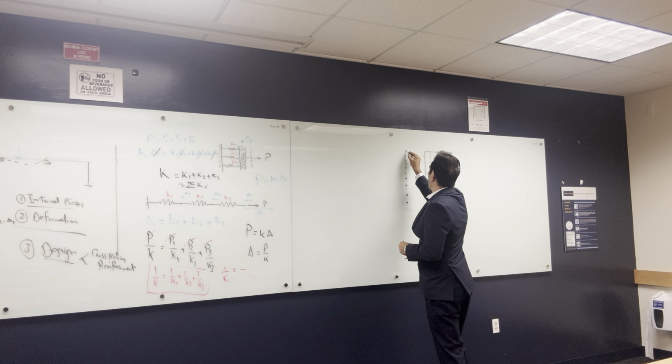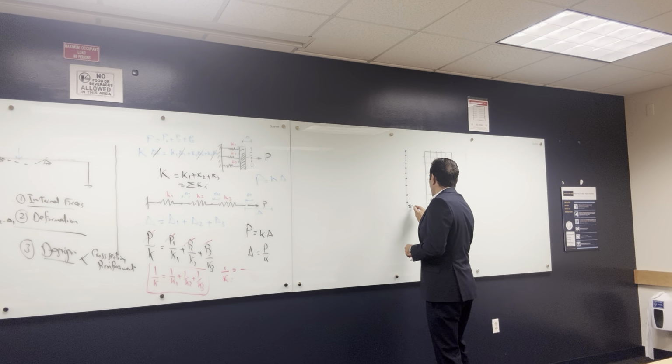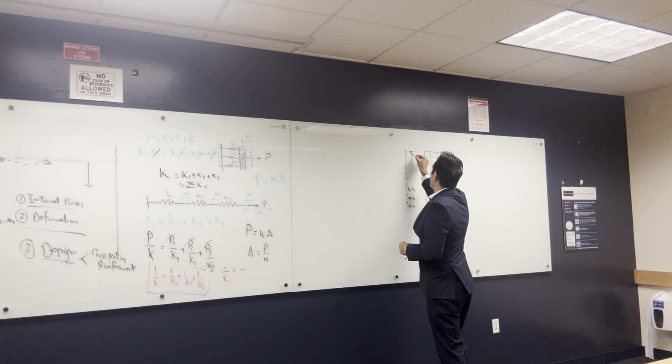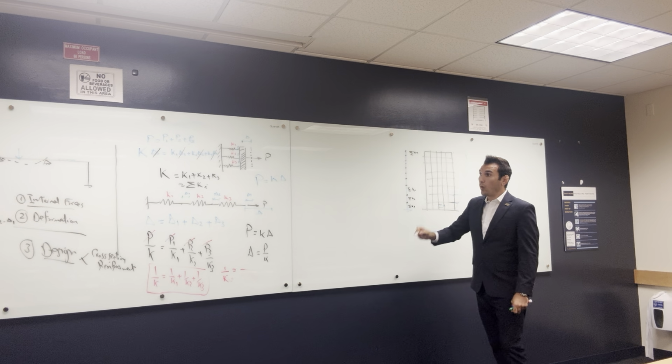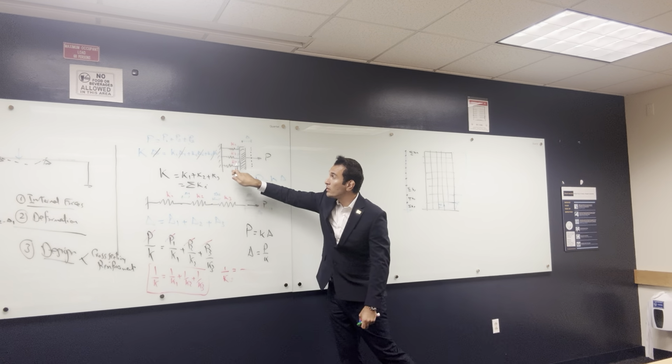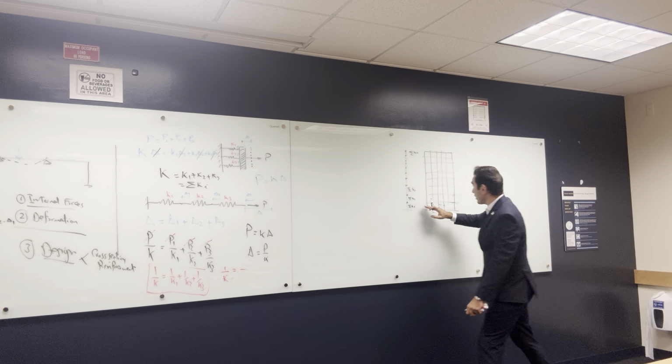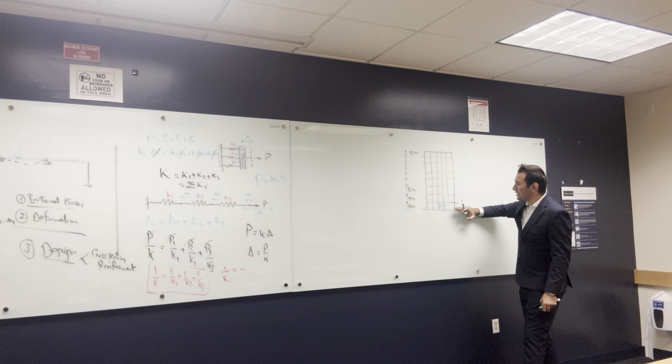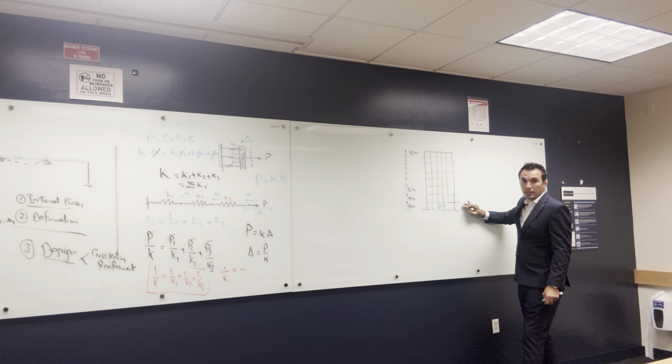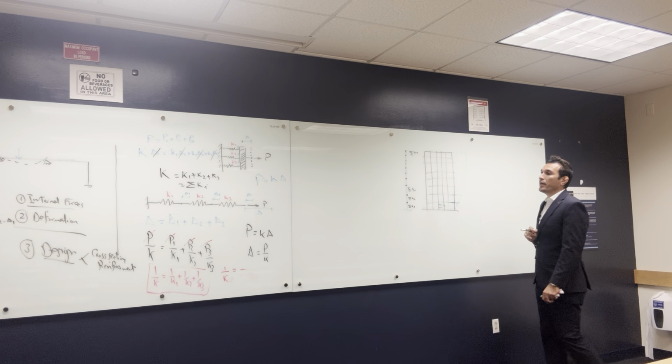Like this. And then this one is going to be sum of k of story 1, sum of k of story 2, sum of k of story 3, until sum of k of story n. Why? Because all the columns in the same story are in parallel stiffness, so I can sum them as a parallel stiffness.